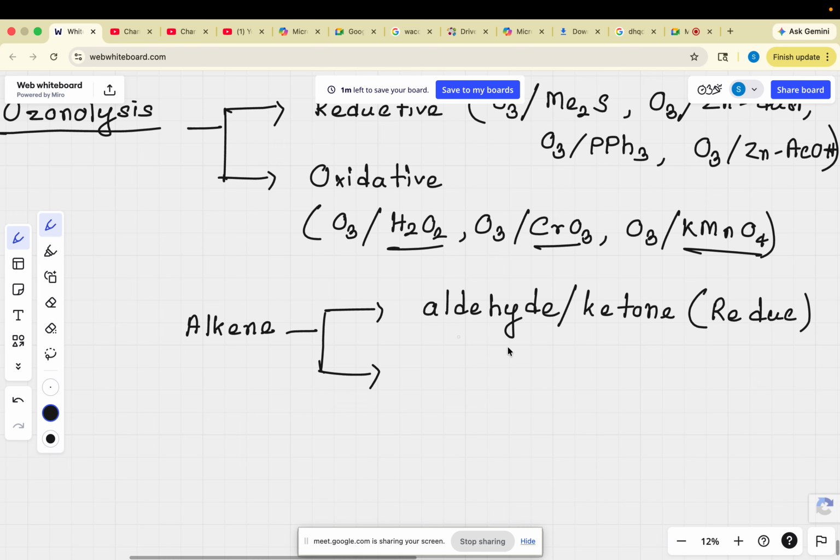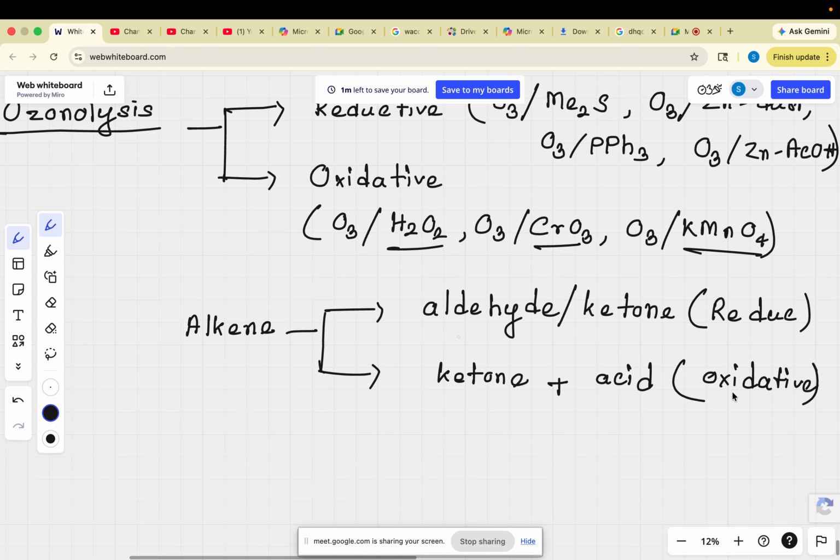But if you do oxidative ozonolysis, you will get ketone, and in presence of these oxidizing agents the aldehyde will convert to what? Carboxylic acid. Yesterday I told you that aldehyde is unstable, so it can further oxidize to your carboxylic acid. So ketone plus acid you will get in oxidative ozonolysis.